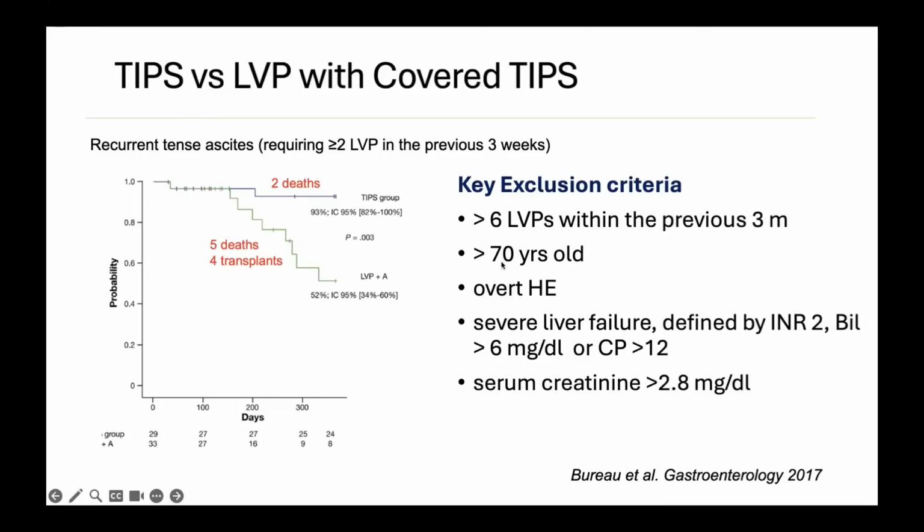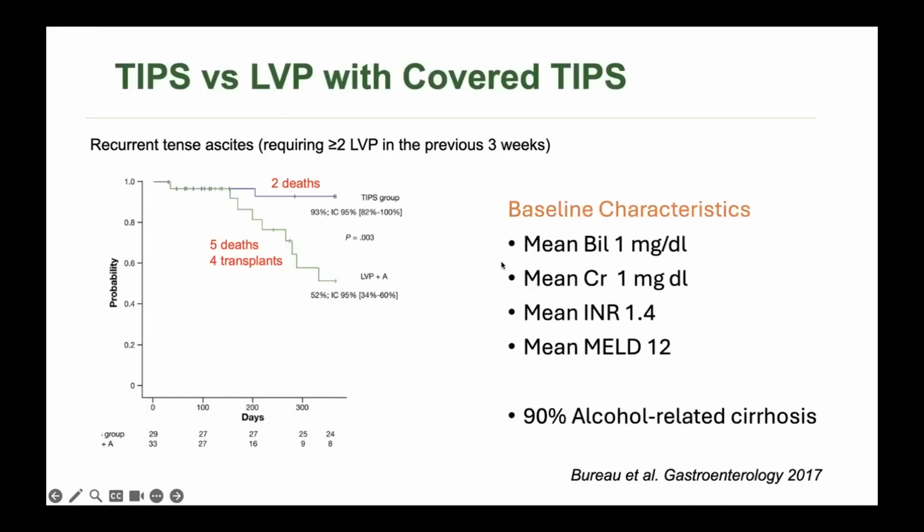But when you look at the type of patients they included, with the baseline characteristics, the mean bilirubin was 1. So really, they did select patients with good liver function. Mean creatinine 1, mean INR 1.4, mean MELD score of 12. Another important concept is that 90% had alcohol-related cirrhosis, which we all know is a relatively reversible liver disease upon abstinence.